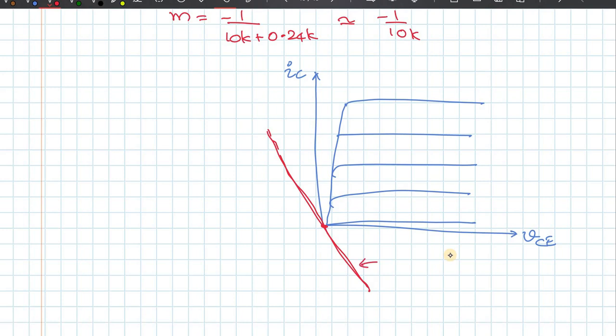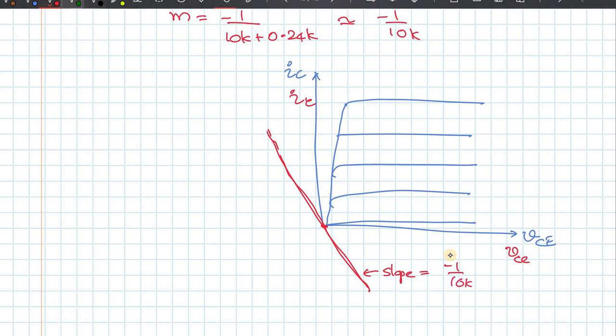The slope, this is the AC. So this is actually not the AC load line, but if you were to have VCE versus IC, all simple, then this is what it would look like. The slope equals minus 1 over 10k. Okay.